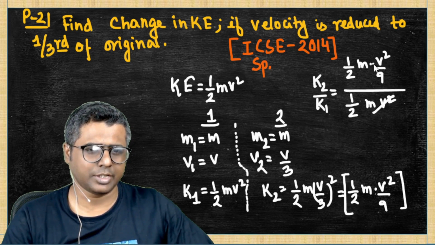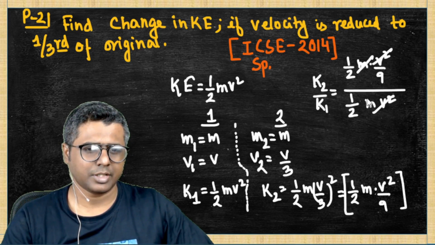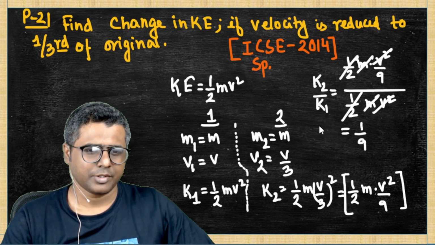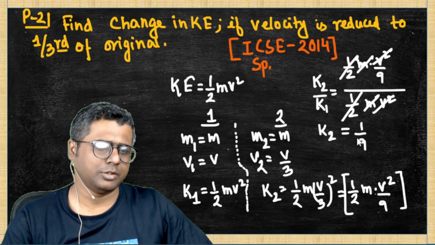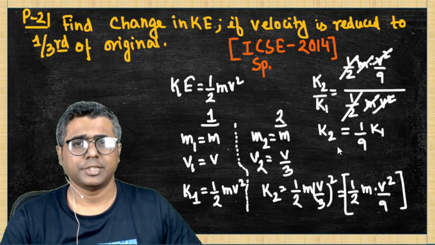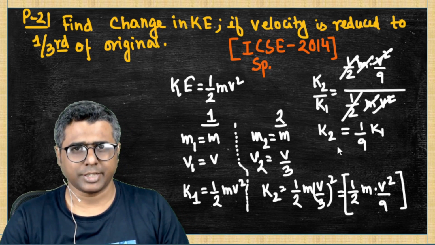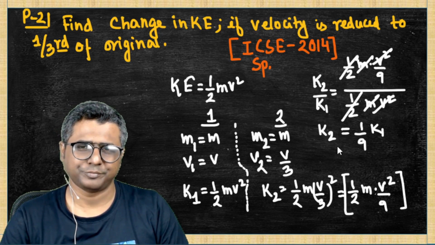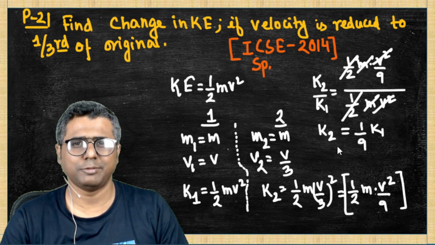So v square cancels out, m cancels out, half cancels out, and the only thing remaining is 1 by 9. So K2 is equal to 1 by 9 K1. So the kinetic energy is reduced to 1/9 times. A very nice problem, simple application of the kinetic energy formula. So we can move to the next problem.